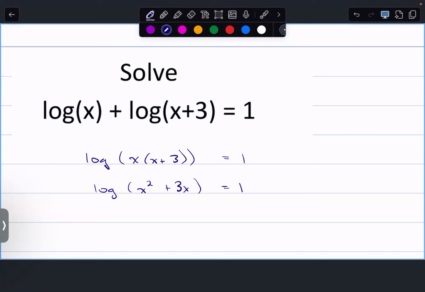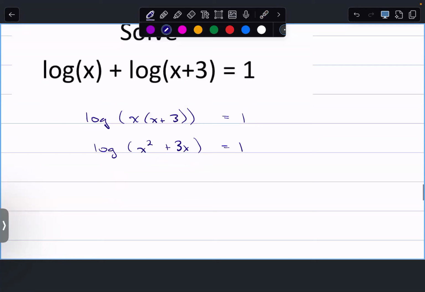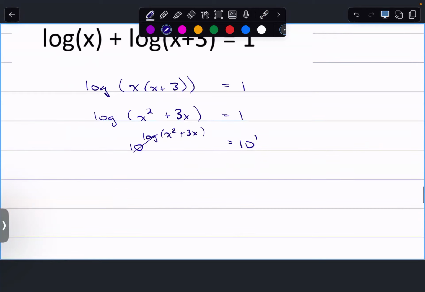Now I have log base 10, so I'm going to take 10 to the power of both sides. But what's nice is the log's going to go away. x squared plus 3x is 10 to the 1. So now I'm left with x squared plus 3x is equal to 10, because 10 to the 1 is just 10, so I'll write it simply.